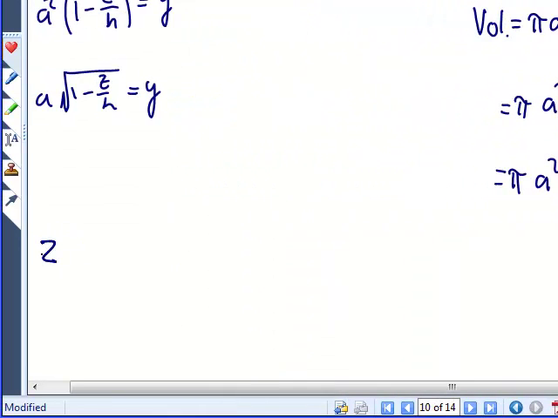So our z bar equals the integral of z dv over the integral of dv.